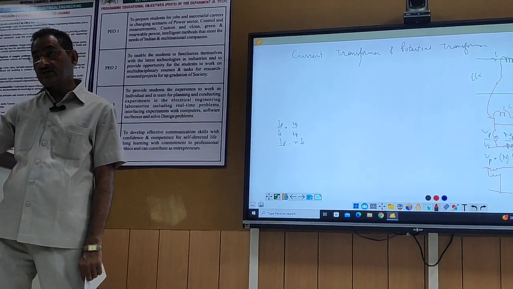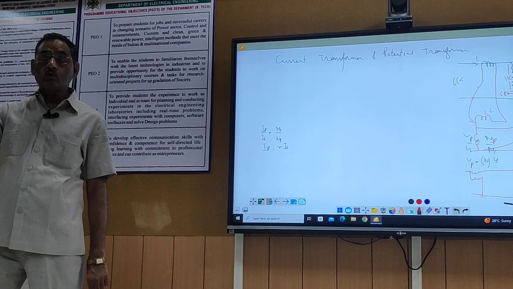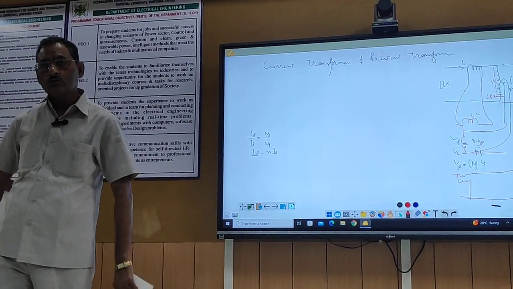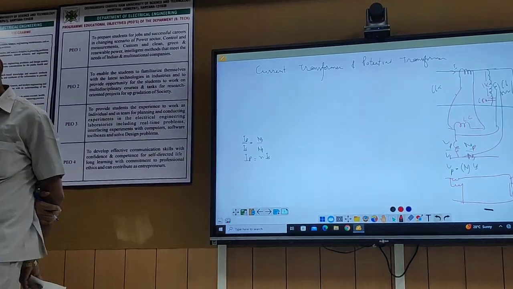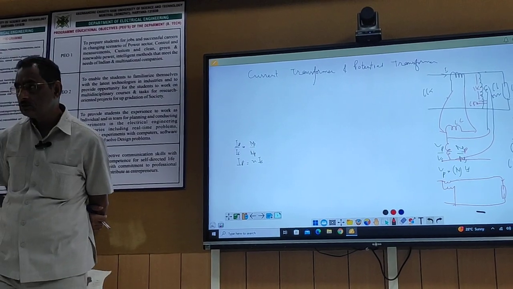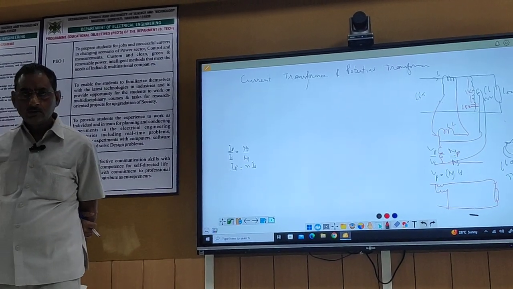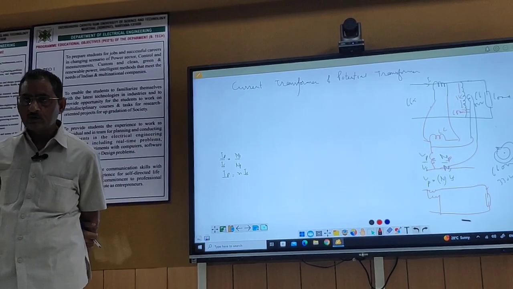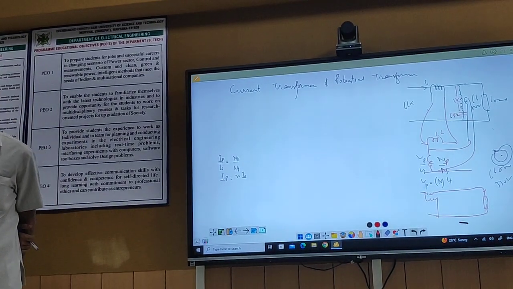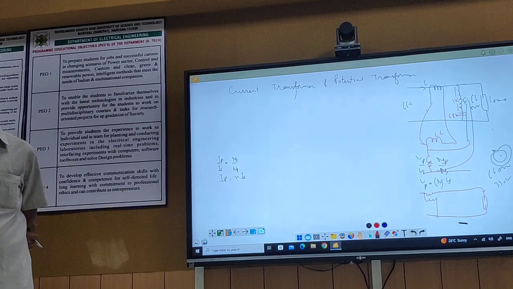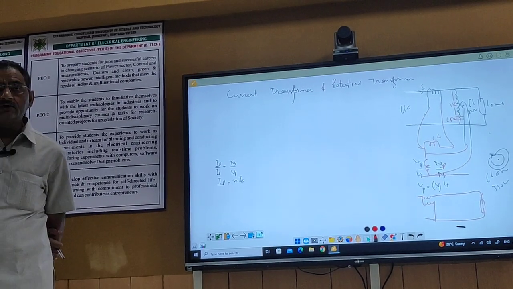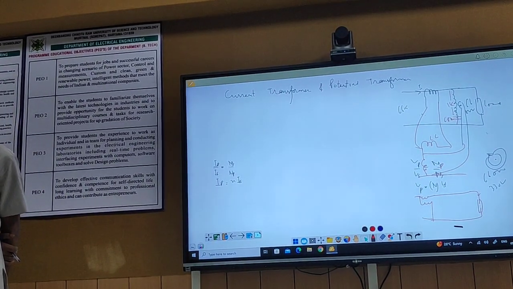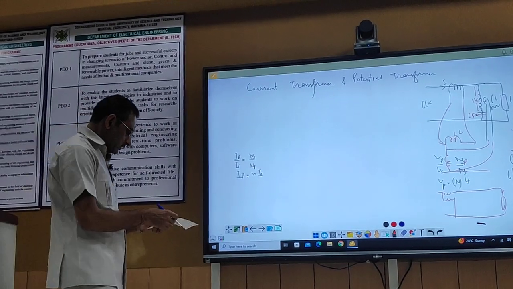Otherwise what happens, the secondary current is very high in comparison to the no load current. Normally how much is the no load current of a transformer? Hardly 5%. And in that there are two components, the magnetizing component of current and the iron component of current. But here this component is not too small in comparison to the low secondary side load current.